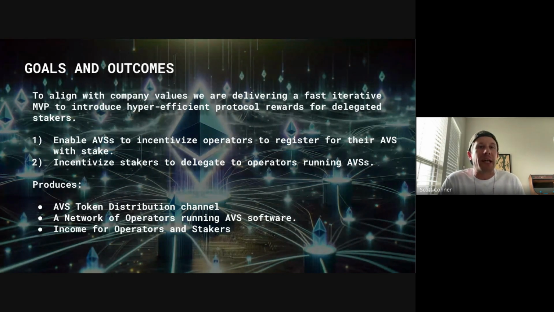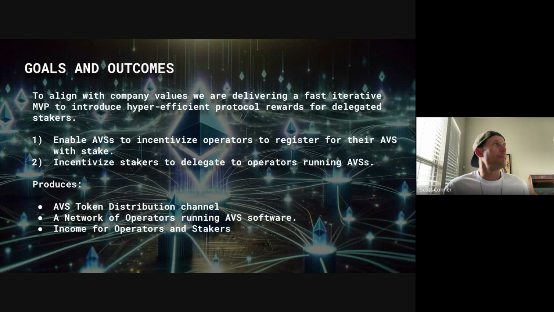Because of these incentives, you'll actually get a materialized network, because there is an incentive to actually run it outside of pure joy or speculation. And then it produces some income for operators and stakers for the price at risk or opportunity costs of running the network. Any immediate questions on the goals? Seems pretty simple this time.